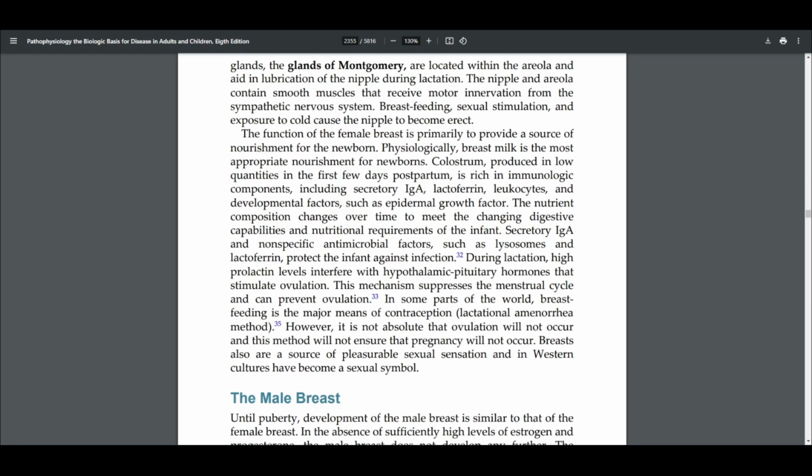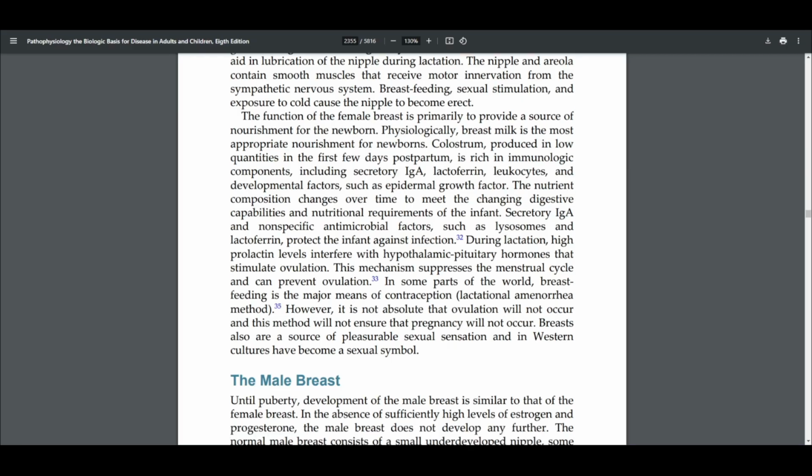The function of the female breast is primarily to provide a source of nourishment for the newborn. Physiologically, breast milk is the most appropriate nourishment for newborns. Colostrum, produced in low quantities in the first few days postpartum, is rich in immunologic components including secretory IgA, lactoferrin, leukocytes, and developmental factors, such as epidermal growth factor.